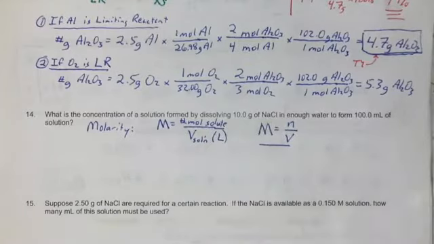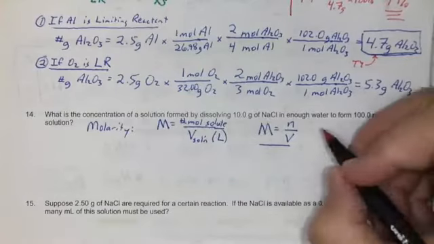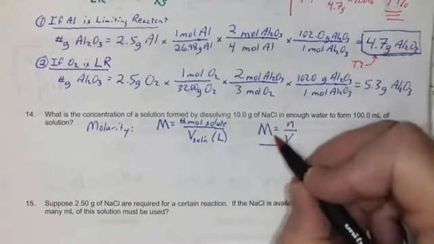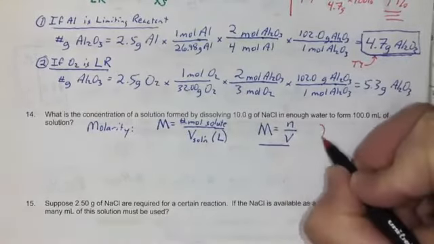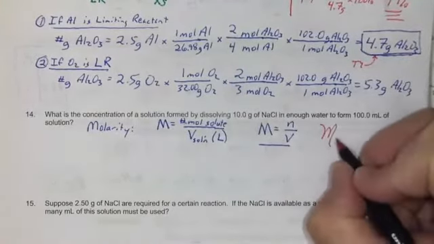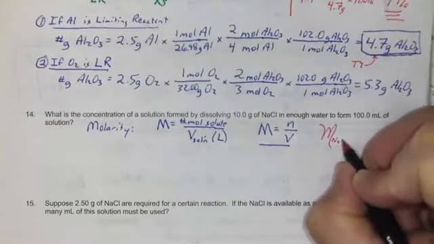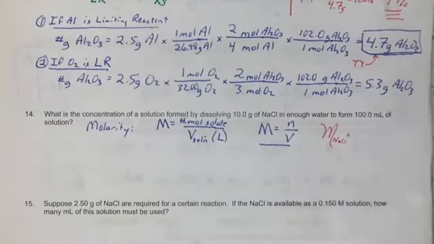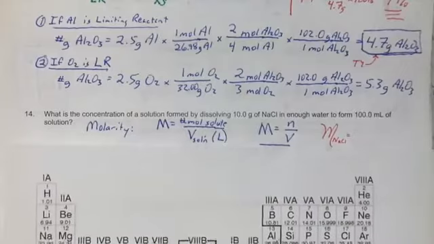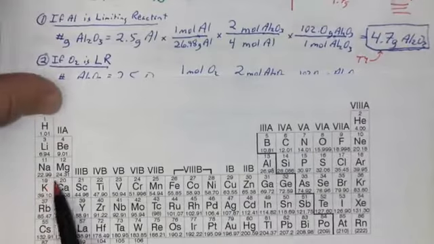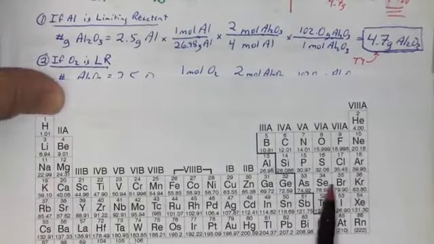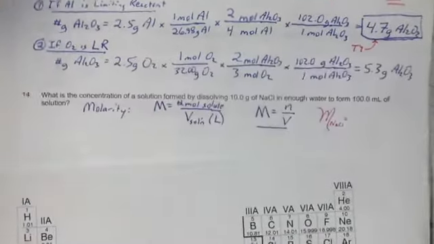So one thing that I want to calculate is the molar mass of sodium chloride. Now we have a lot of M's in chemistry. The capital block M stands for molarity. Capital script M stands for molar mass. This is the molar mass of sodium chloride. And from the periodic table, sodium has a molar mass of 22.99, and chlorine has a molar mass of 35.45.